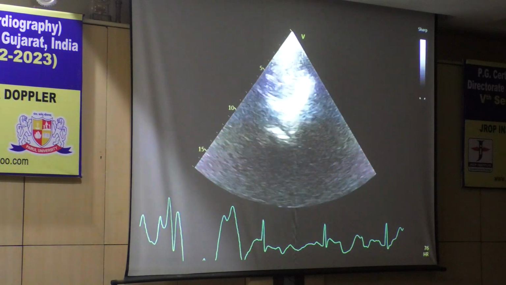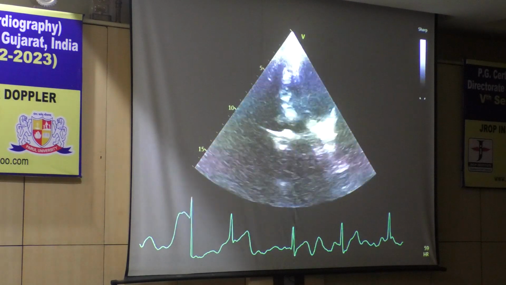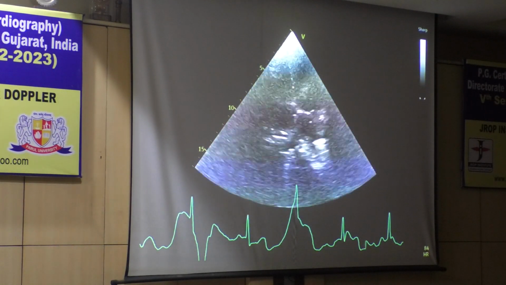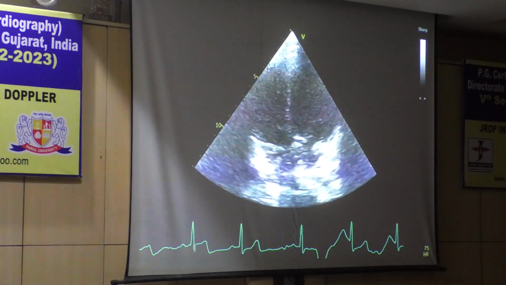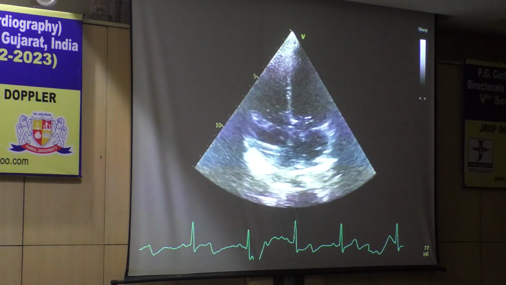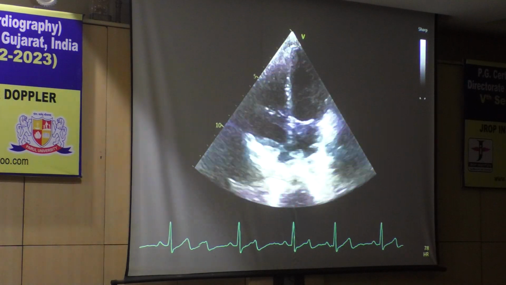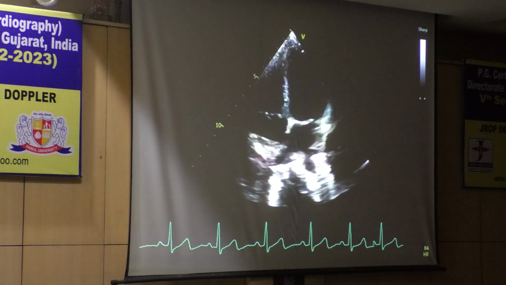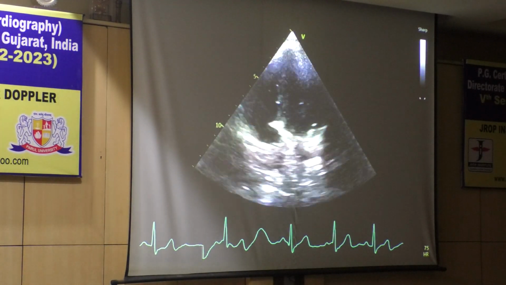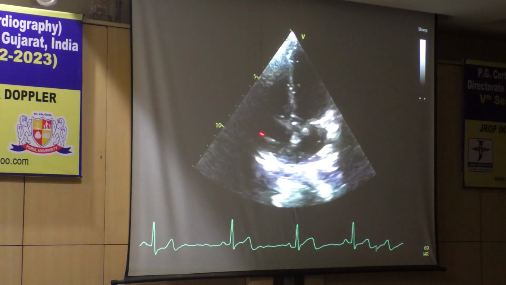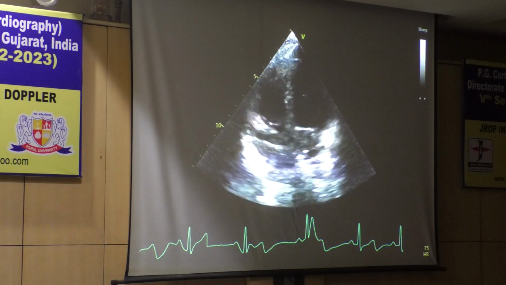On the right side was the morphological RA, the other side is the morphological LA, and I have to identify now the most important thing, the left atrial appendage, and that's how I'll try to open my left atrial appendage.